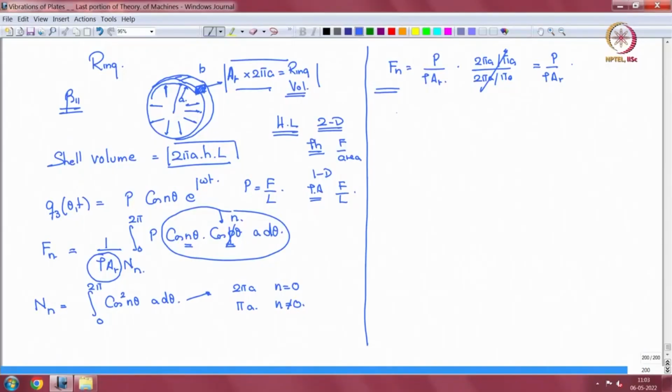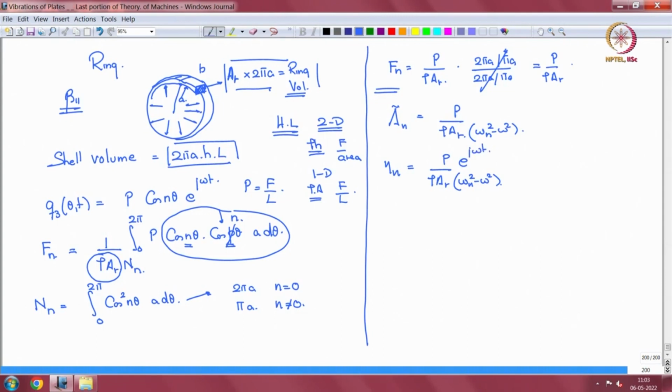So, the corresponding gamma n tilde is P by rho A r into omega n square minus omega square. And then the corresponding eta n is P by rho A r into omega n square minus omega square into e to the power j omega t.